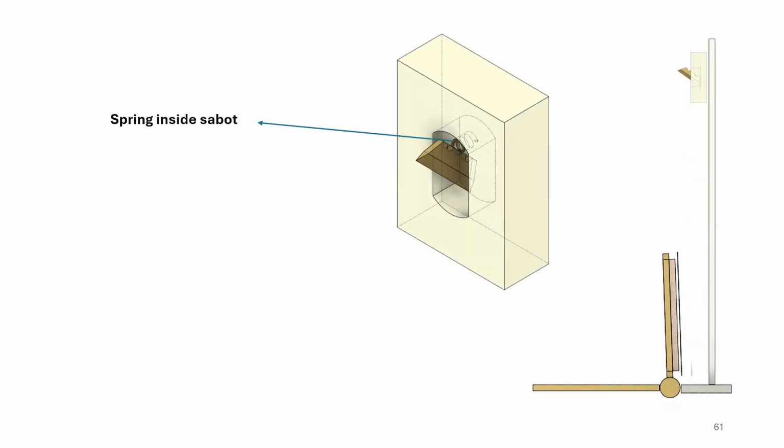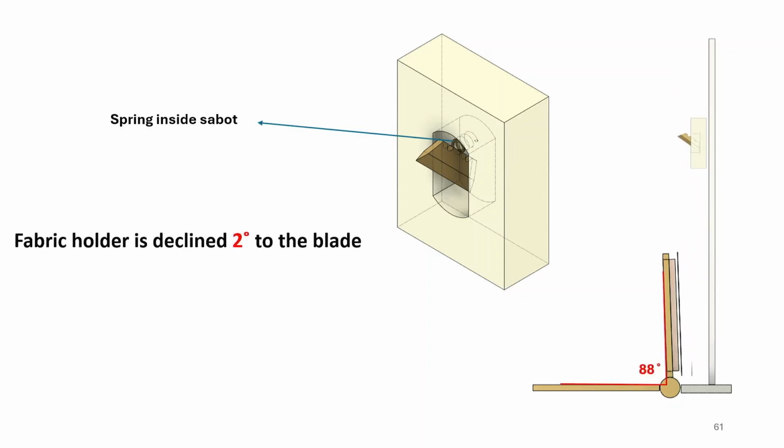There is a spring inside the sabot which gives the slashing force, slashing pressure during the slashing, so that it will ensure there is no impact heat. The fabric holder is inclined at 2 degrees, so effectively this is 88 degrees.